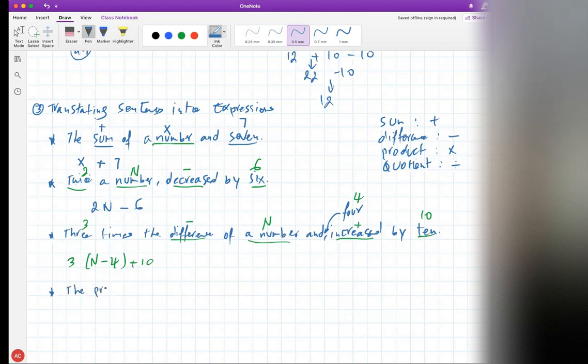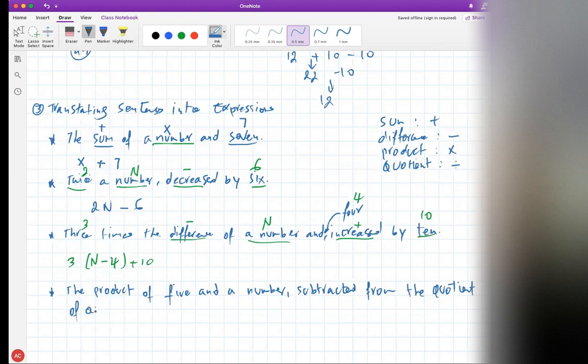Let's say the product of 5 and a number, subtracted from another number and 3.